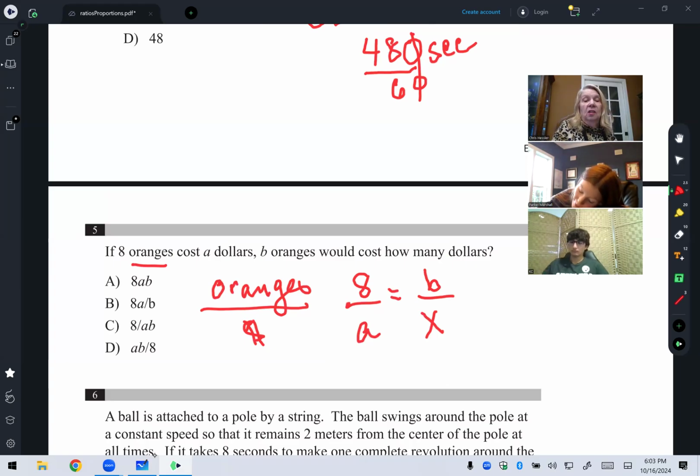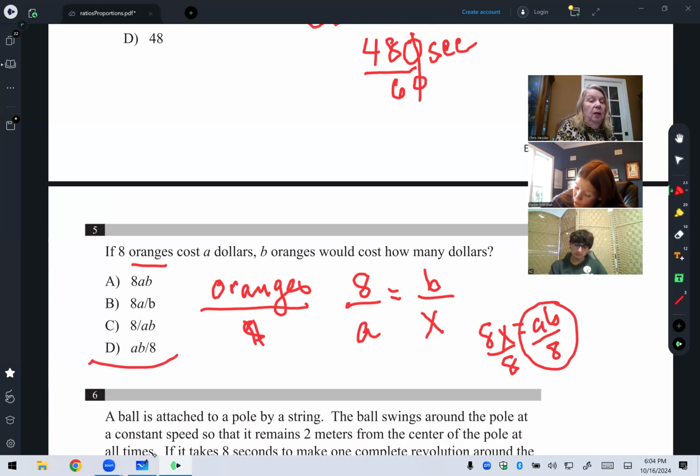So we're just going to cross multiply, divide by 8. And even though it's variables, we can still do it. It will be D. I know it's weird to do ratios.